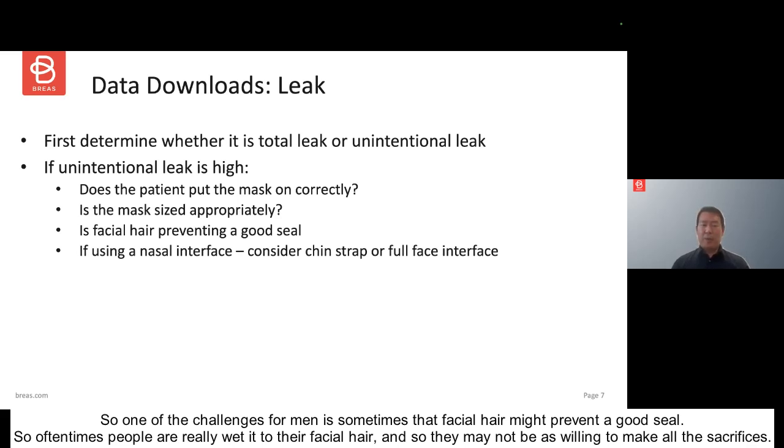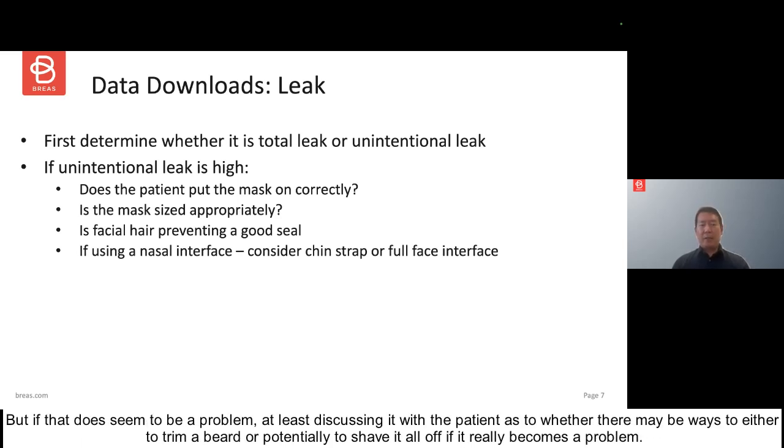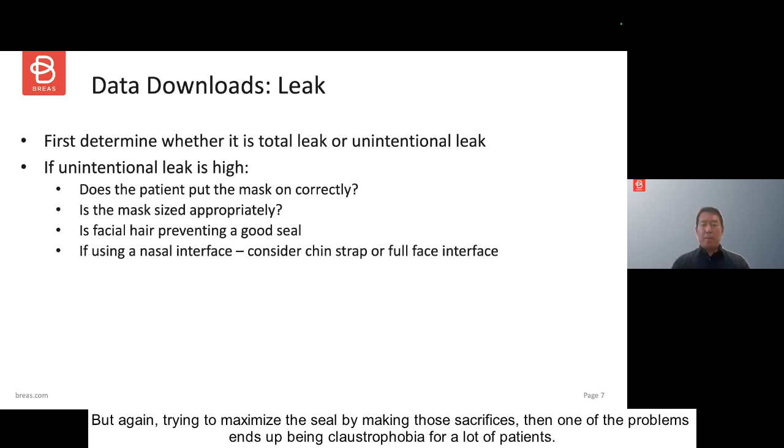Oftentimes people are really kind of wedded to their facial hair, and so they may not be as willing to make all the sacrifices. But if that does seem to be a problem, at least discuss with the patient whether there may be ways to either trim a beard or potentially to shave it all off if it really becomes a problem. But again, try to maximize the seal by making those sacrifices.